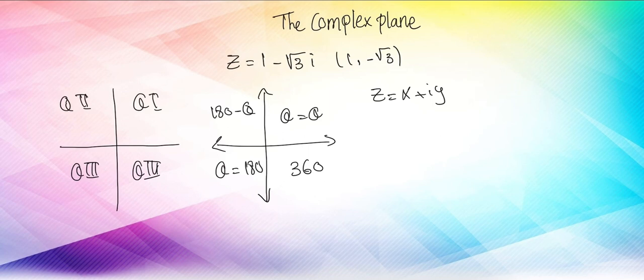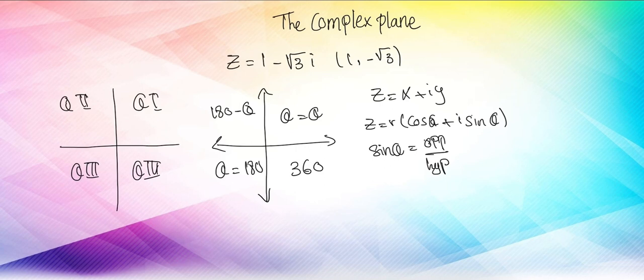We write z equals r (cos θ + i sin θ). We write sin equals opposite over hypotenuse, and cos equals adjacent over hypotenuse.